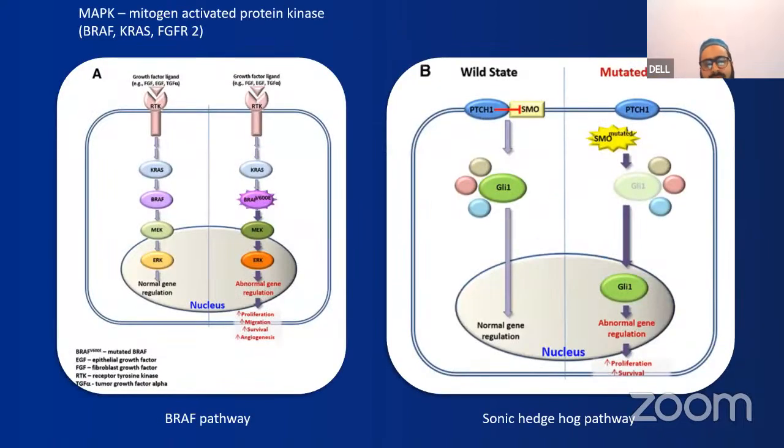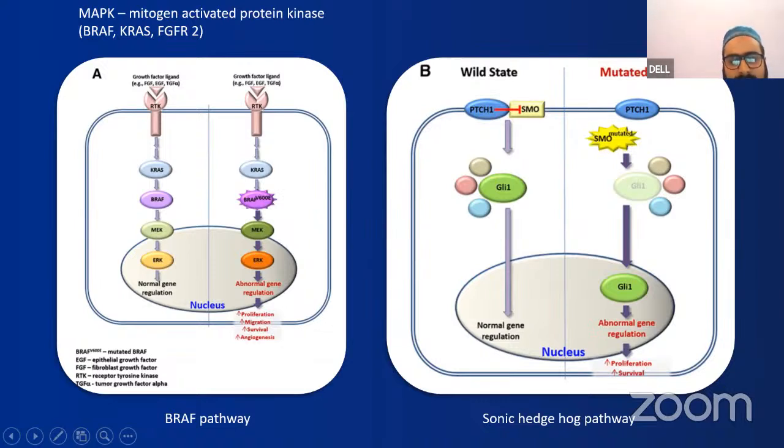Now, recently, after 2014, there was increased understanding of the pathogenesis and molecular mechanisms, and two pathways have been implicated specifically in ameloblastomas. The first is mutations in the MAPK pathway, specifically of the BRAF gene, called the V600E mutation.